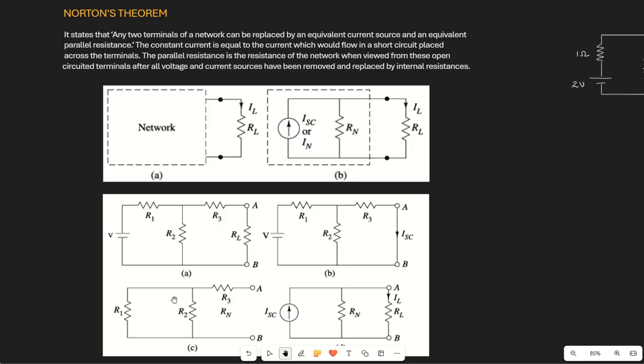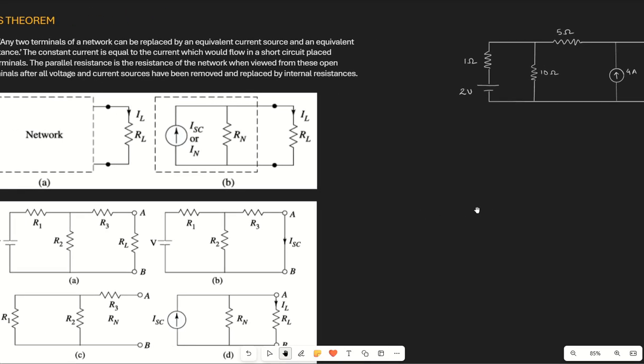By doing this, we obtain the value of RN similar to RTH, and then we put it in the Norton circuit, which is ISC and RN, and then determine the amount of current. This IL is equal to the IL produced in the original circuit. This is our original circuit, this is our Norton circuit. So the IL that we get here is similar to the IL that we get here.